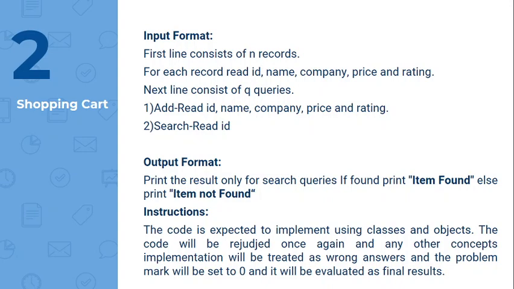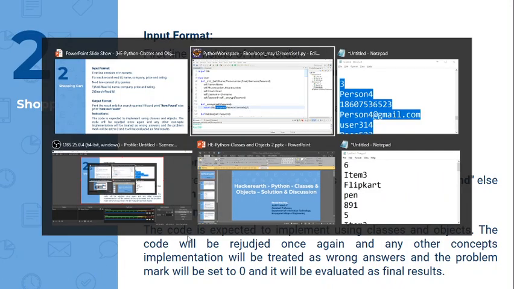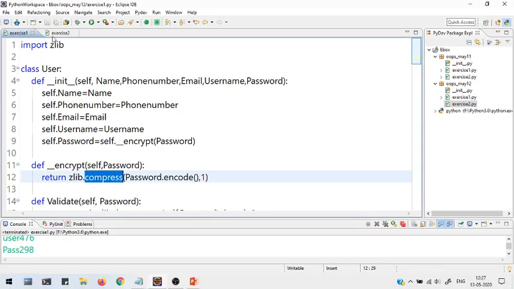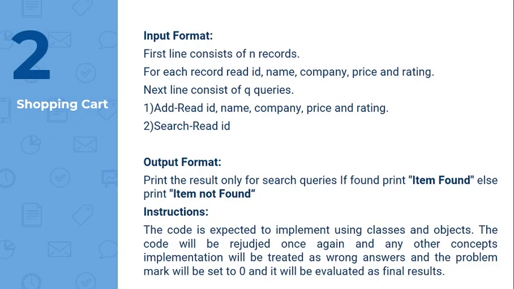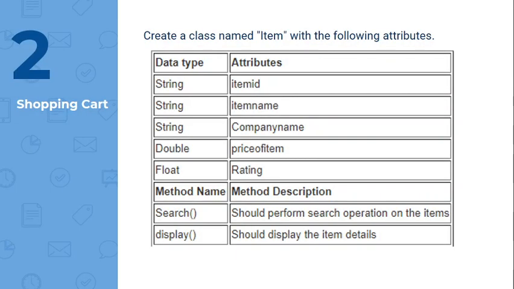Now let us take a look at the second solution. So this is the second exercise. I have already created a Python file. Now let us create the class. We have to create a class called item, and this class contains 5 attributes: item ID, item name, company name, price of the item, and rating.